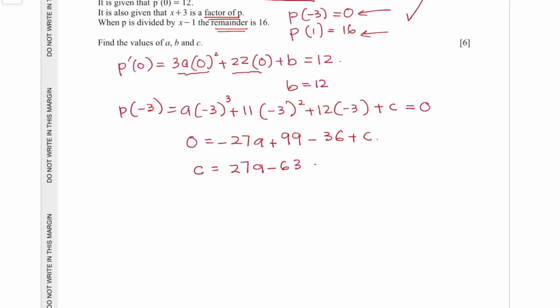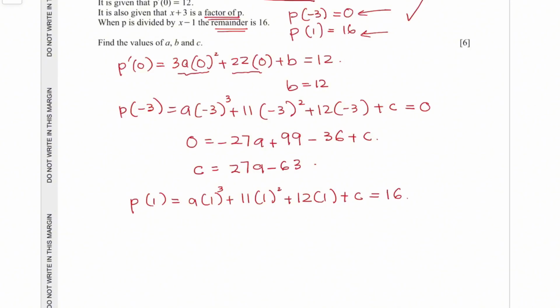You've done this. What about p(1) equals 16? Again, you are just substituting x with 1. p(1) would be a(1) cubed. I'll just leave it as 1 plus 11(1), so you don't get confused, plus b, which is 12 times 1, plus c, and this is equal to 16.